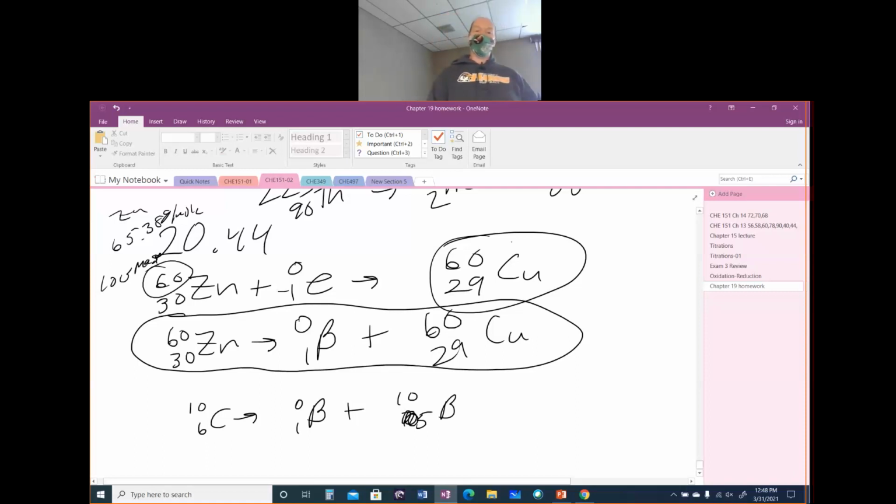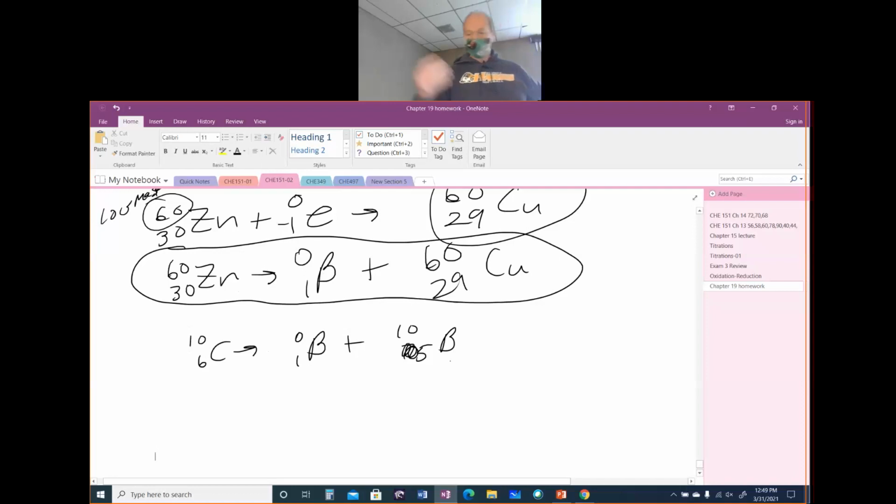So it's a low mass. Boron should be a 10.8 instead of a 10, but that's much closer than the 12 is to 10. And so you're getting down to a correct mass isotope, very close to the atomic mass number.